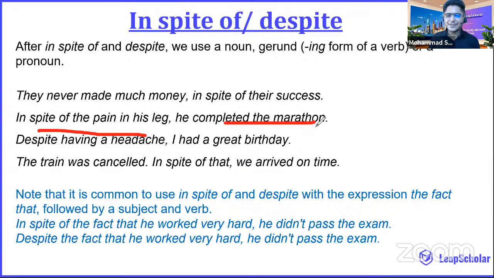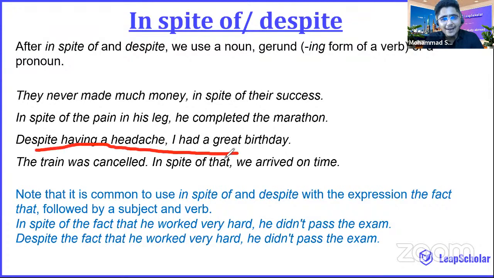Some students are saying yes if he is dedicated, but I'm not talking about the extreme situation. Great. Okay, let's take a more practical example. Despite having a headache, I had a great birthday, right?